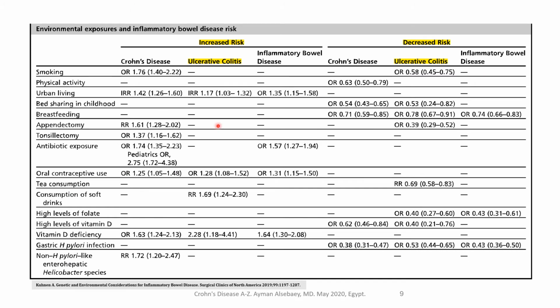Also, this table shows the odds ratio between the environmental factors and the occurrence of the disease. The odds ratio for smoking and Crohn's disease is 1.7. Okay. Tonsillectomy and appendectomy are risk factors for the occurrence of the disease.